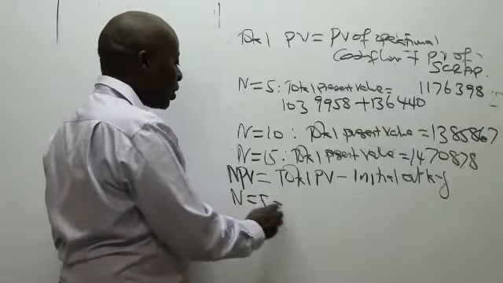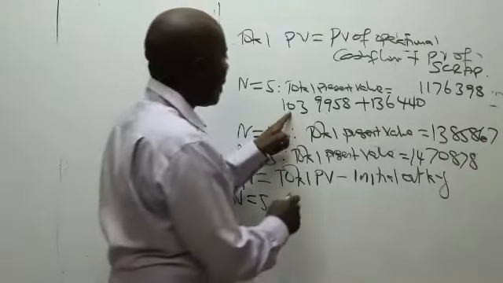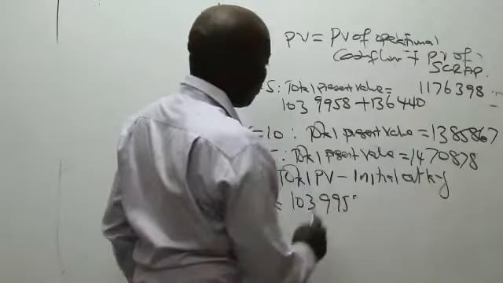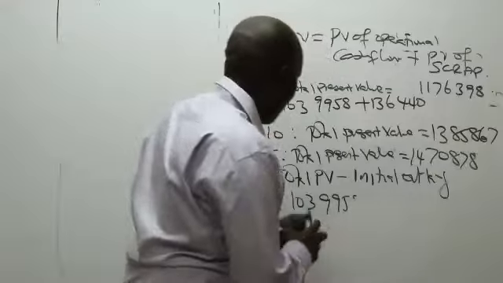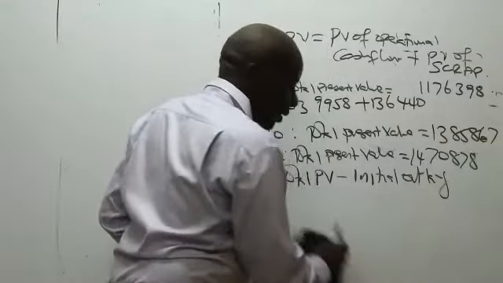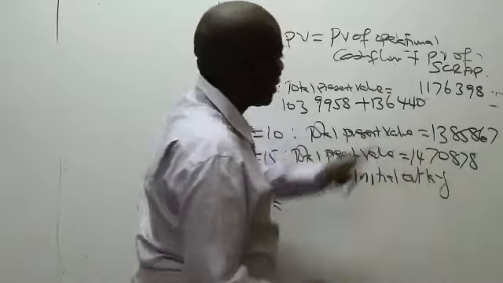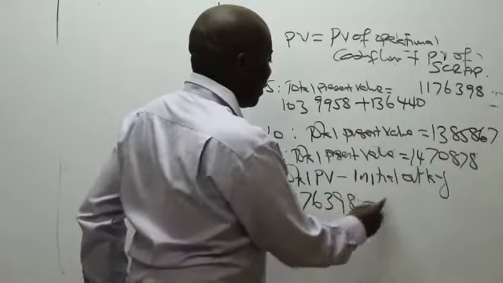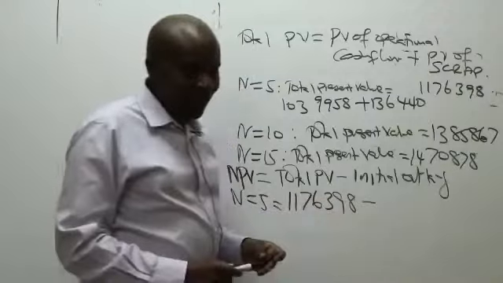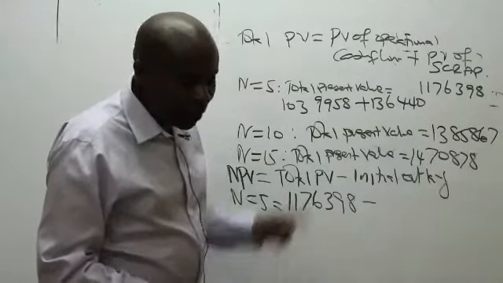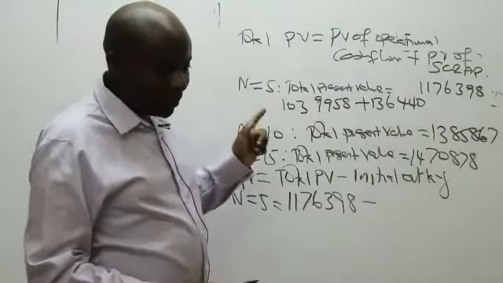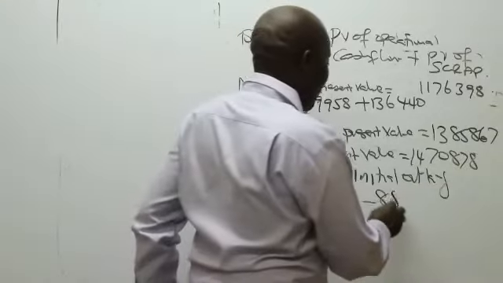So when n equals 5, the total present value is given here. 103,950. No, quite wrong. When n is 5, this is the thing. It is 1,176,398 minus the, is there someone who can remind me the initial outlay? The initial outlay was 880,000.